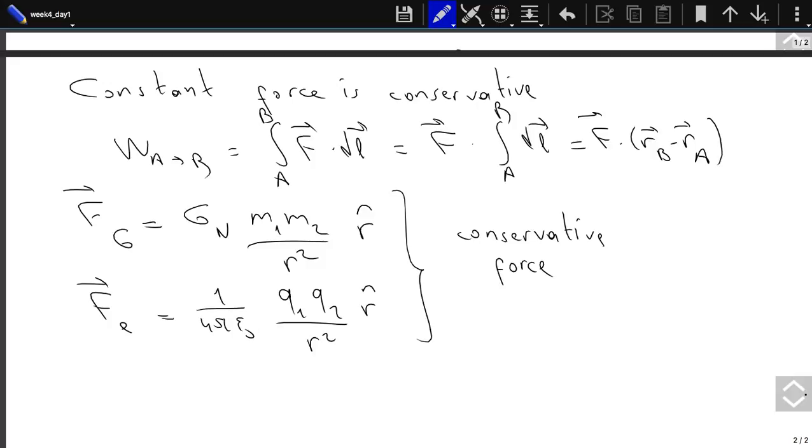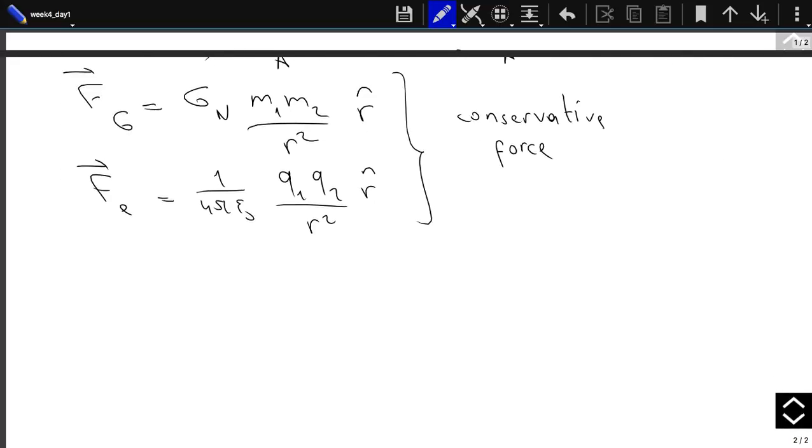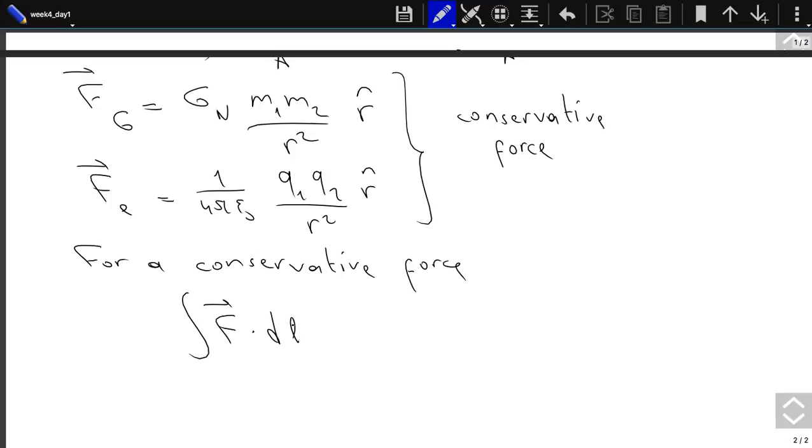And that function is what we call the potential energy. So for a conservative force, the integral of F dot dL from the point A to the point B is equal to U of A minus U of B.